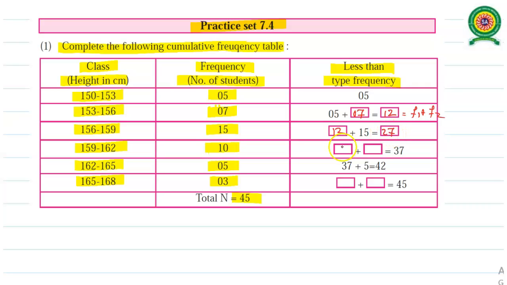Add F4: 27 plus 10 is 37. Add F5: 37 plus 5 is 42. And lastly 42 plus 3 becomes 45, which equals the total frequency, that is, the value of n.